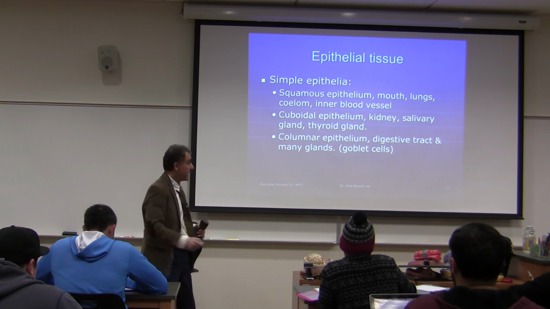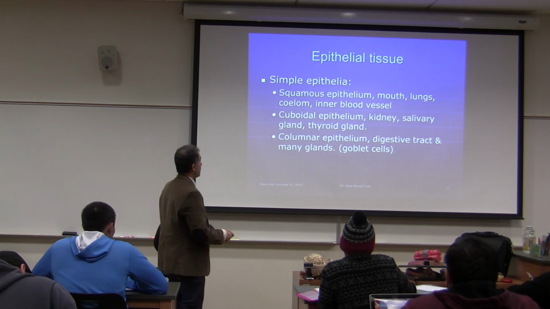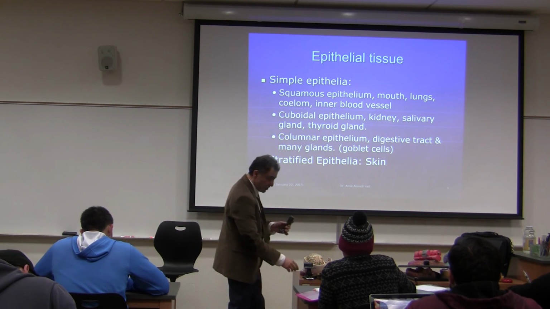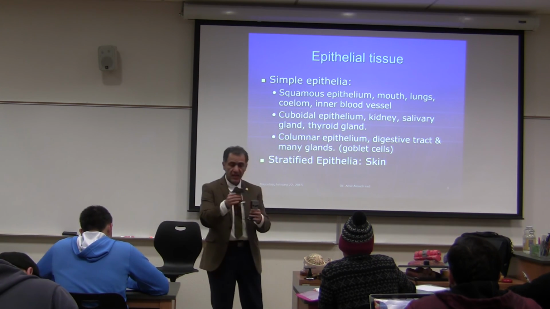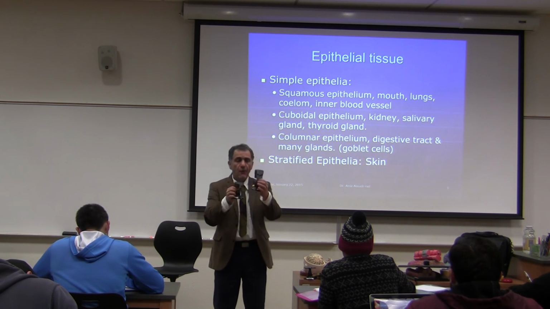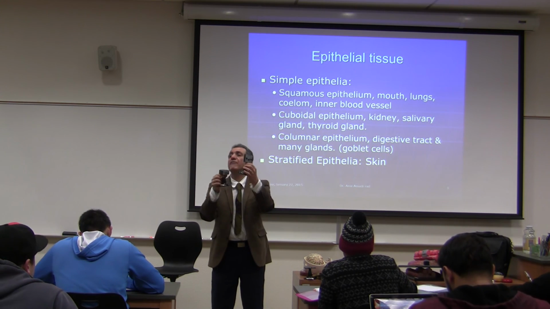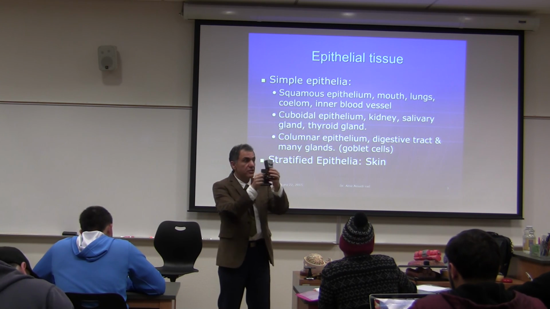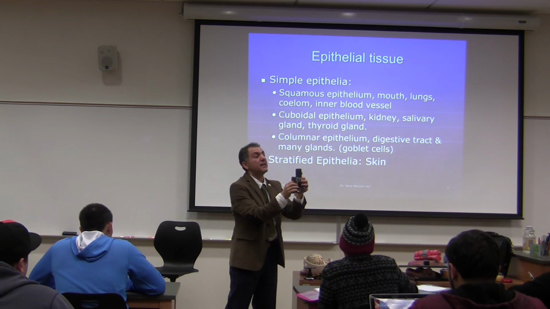We do have a model of that one, and many glands, goblet cells, and then stratified epithelial tissue, which is found in your skin, and you will see it in a few places, when they are stacked on top of each other, when you have more than 1 layer, then it's called stratified.